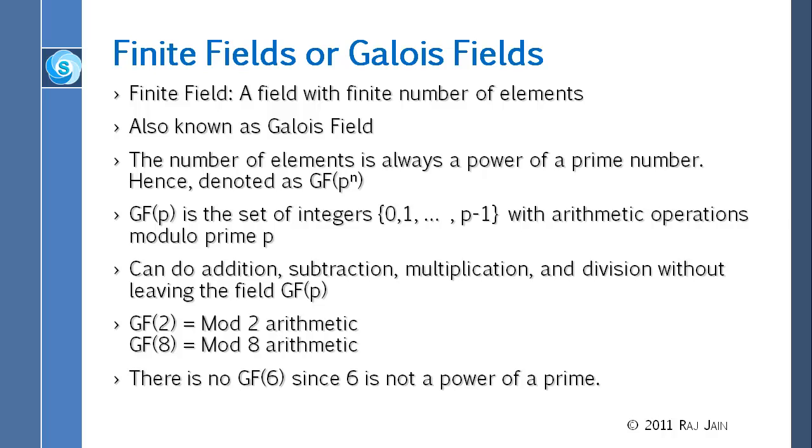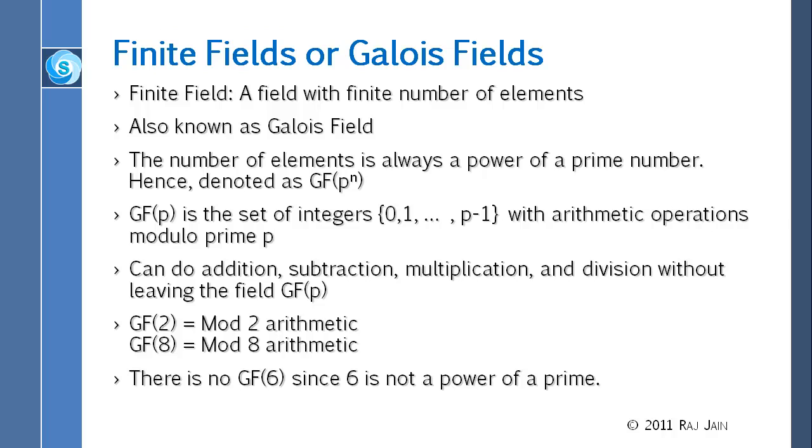Galois fields are also called finite fields. Finite means the number of elements is not infinite. A field with a finite number of elements is called a finite field, also called a Galois field, and generally written as GF with the number of elements inside it, which generally has to be a power.